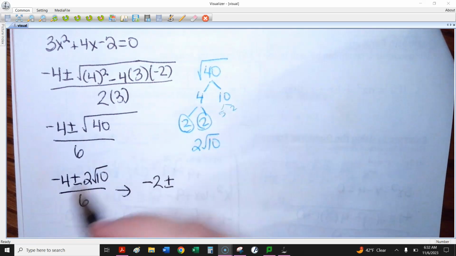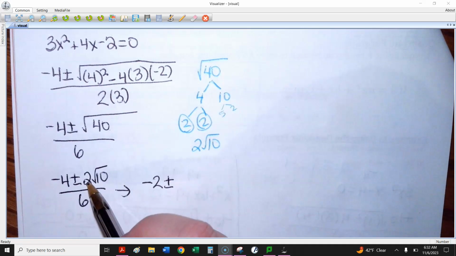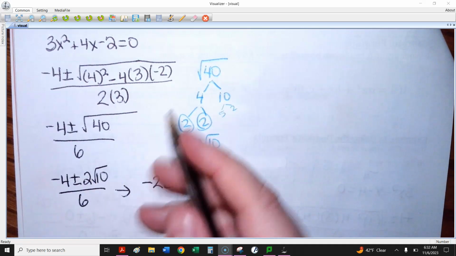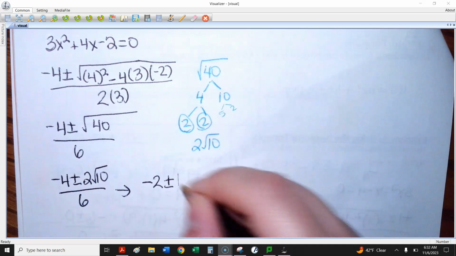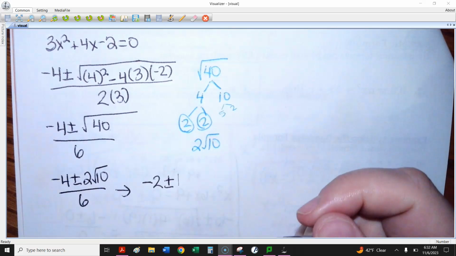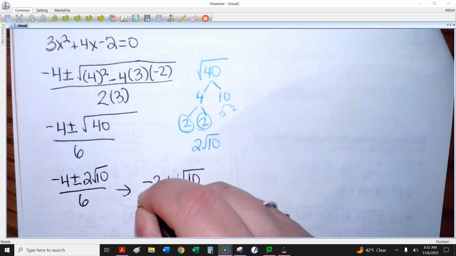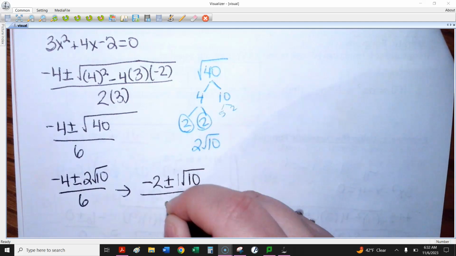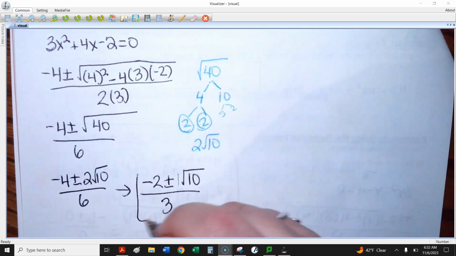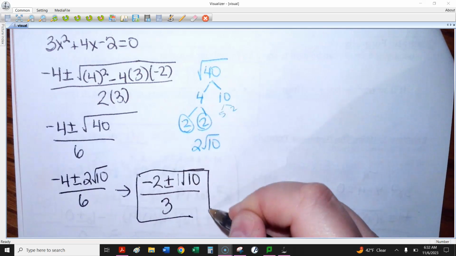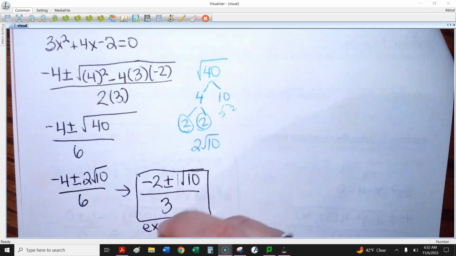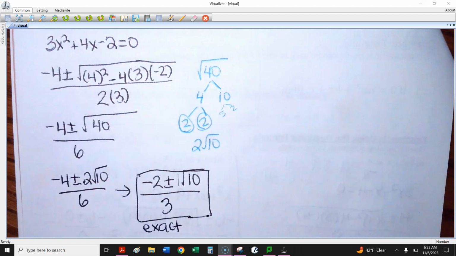Now this 2, if I reduce that, would become 1. I'm just going to lightly write that because typically you would not see a 1 in front of the radical here. So I just have that square root of 10, and then the bottom would be 3. Now these two guys are what we call our exact answers because I have not rounded anything. That is an exact answer.